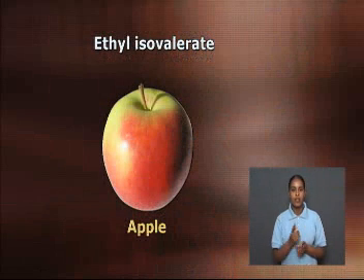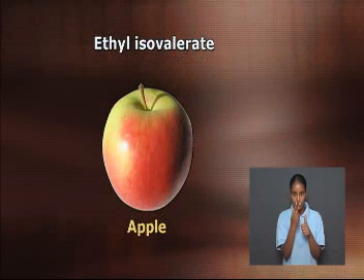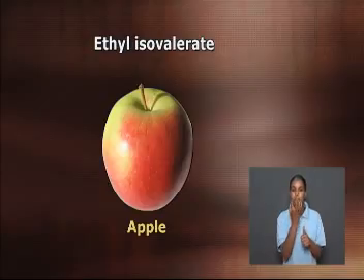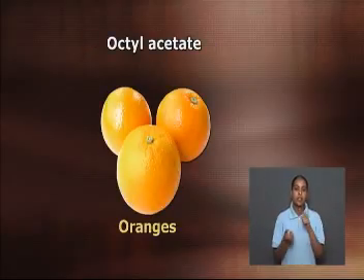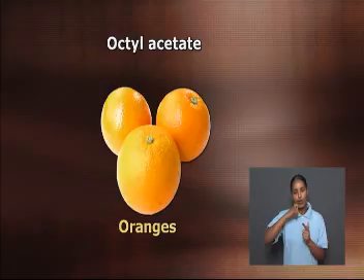The first image shown here is of apples. Ethyl isovalerate is the ester present that gives apples their flavor. The second image is of oranges. Octyl acetate is present in them.